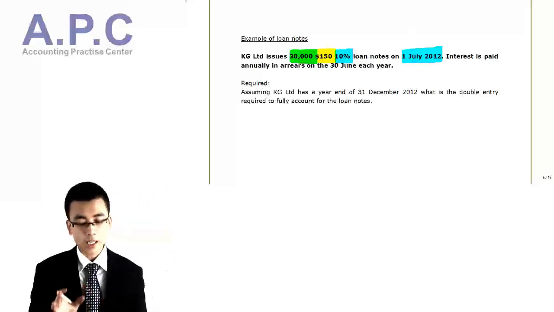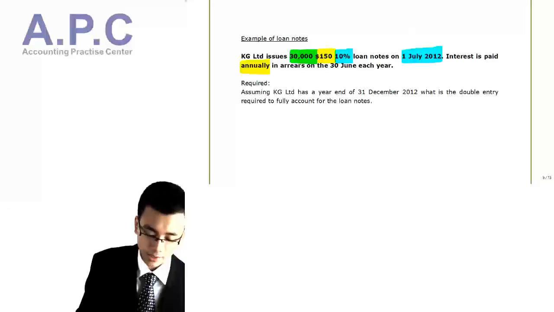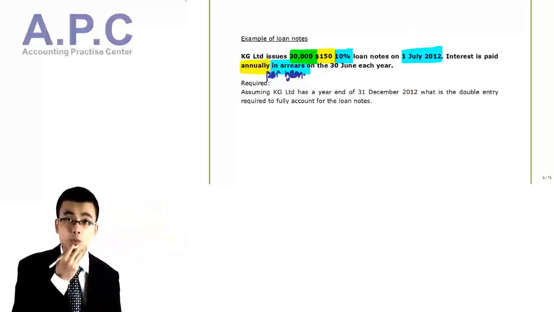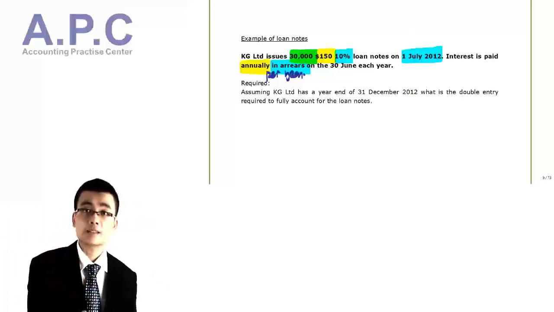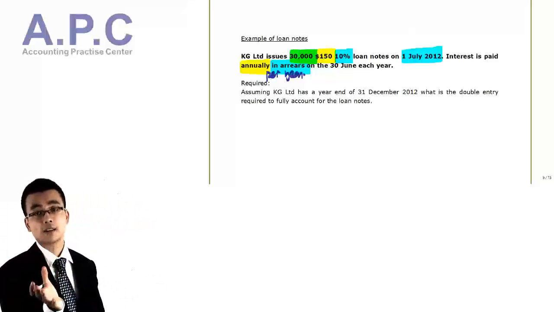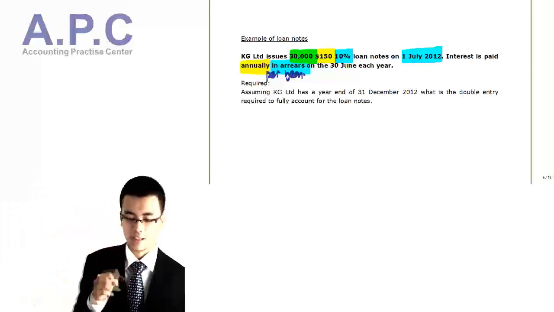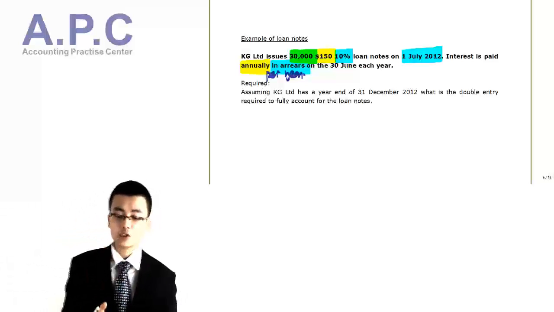Interest is paid annually, which means interest is paid per year in arrears. What does that mean? In arrears means I'll pay you the interest expenses after the year end, on the 30th of June each year.